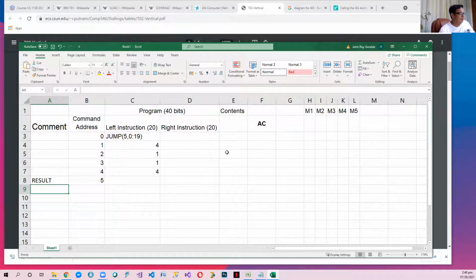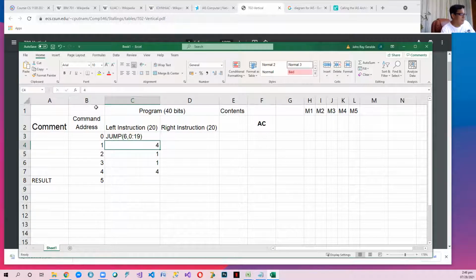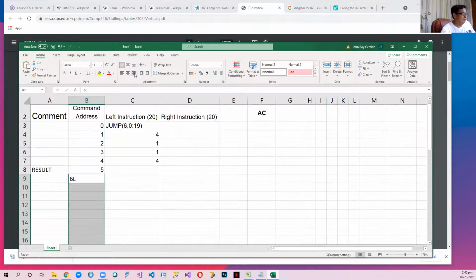Okay. Do you follow? So this is a jump 6. Jump 6 or 2, ano? Do you follow? This is 6L. Let's change the orientation. Okay.